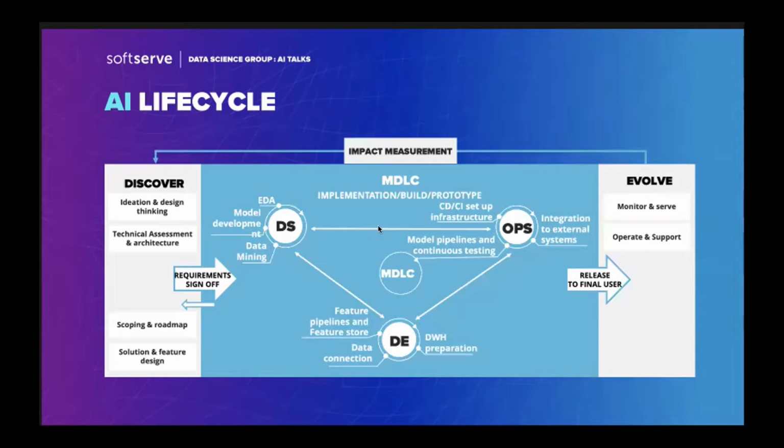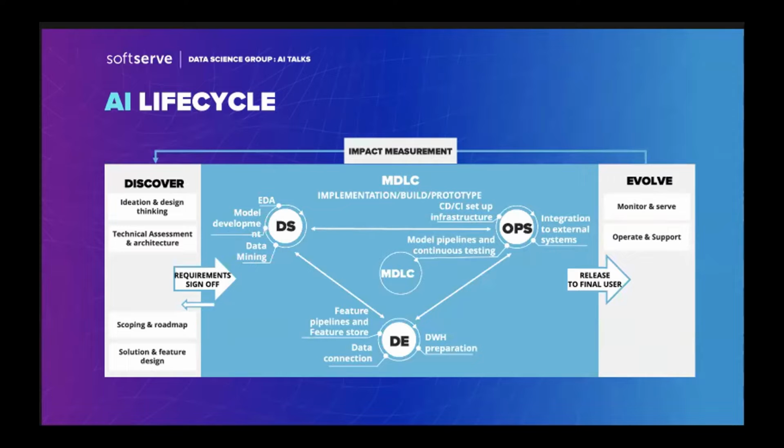Please pay attention that before model deployment, we need to be sure that our code is of high quality, and we cover it with unit tests. And after that, we can start ops functionality and communicate with DevOps about the CI/CD process and of course, deployment to the production pipeline.